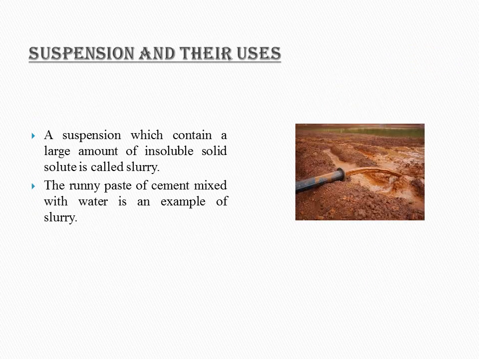Next, a suspension which contains a large amount of insoluble solute is called slurry. The runny paste of cement mixed with water is an example of slurry, which is also a suspension.